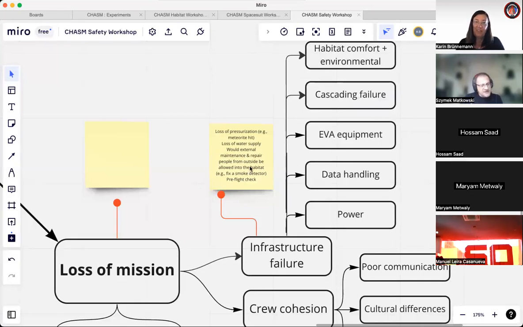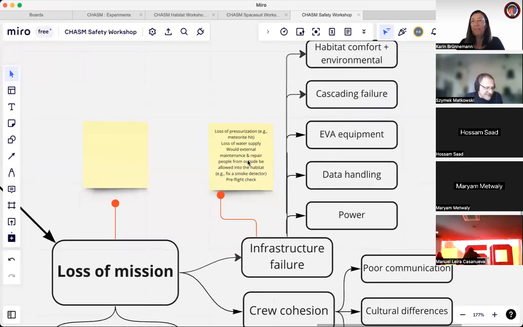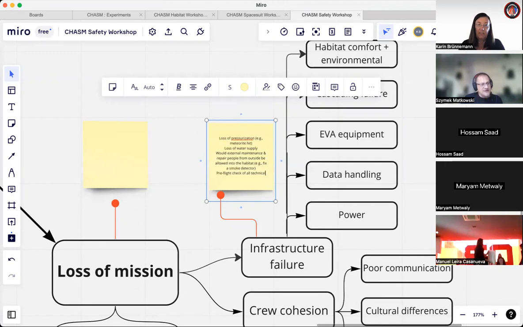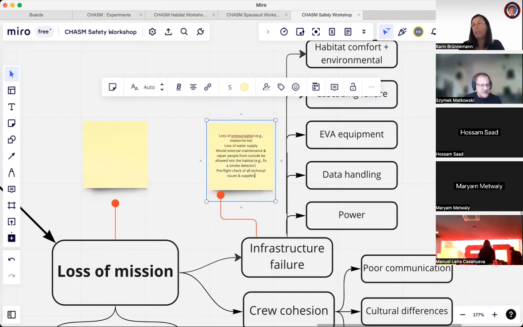But in terms of a habitat, I believe it could be kind of a standard just to check everything, to have a checklist of all technical issues, like a pre-flight check. Yeah, and a full list to check every single infrastructure detail, to have all the supplies that are necessary operational.